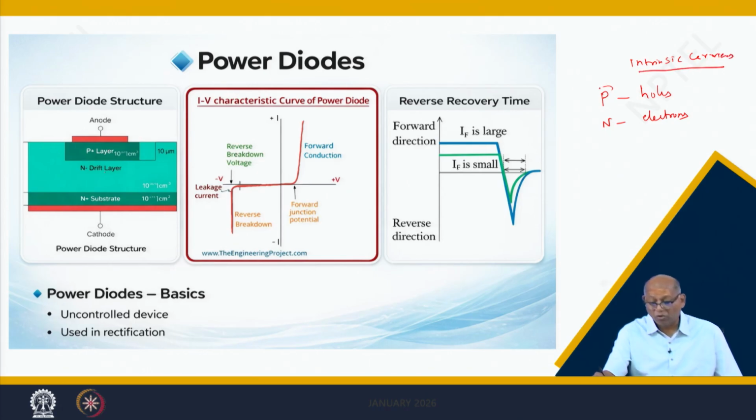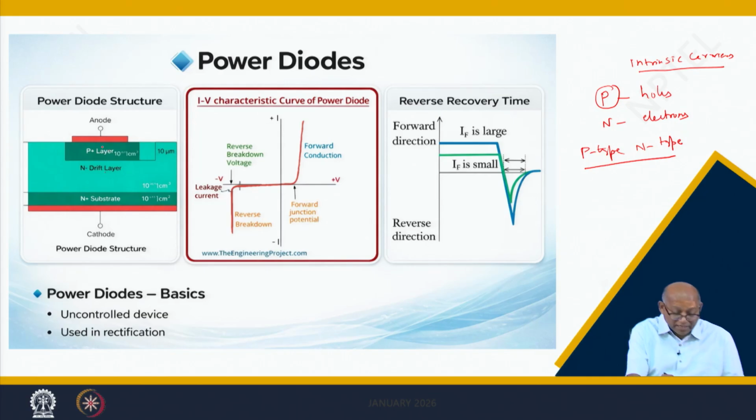So p types are holes, they move. There are two types of material, p type material and n type material. You must have done this in your physics, just recapitulate what is p type and n type. So, this p type material is here, then n type. This is the anode, this is the cathode.